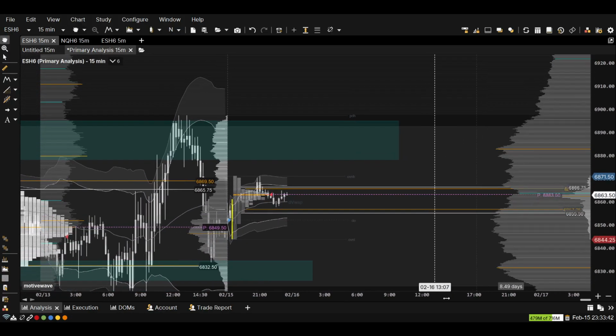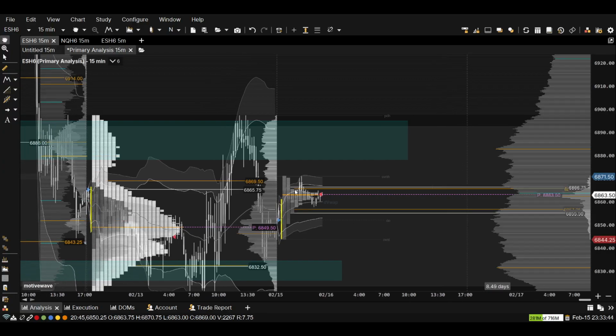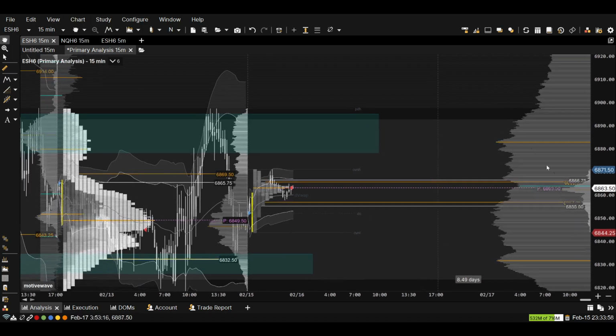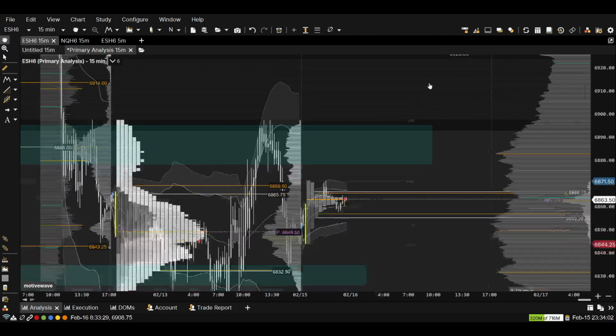We are creating consolidation in the time price opportunity. We are in agreement, we are accepting this point of control above, and in the volume profile the same.